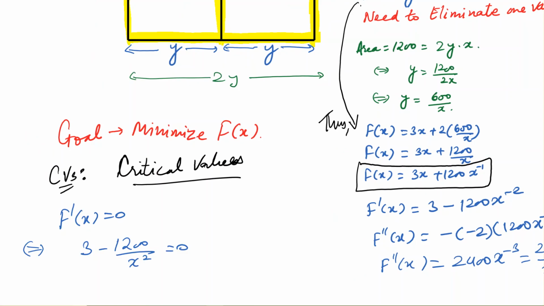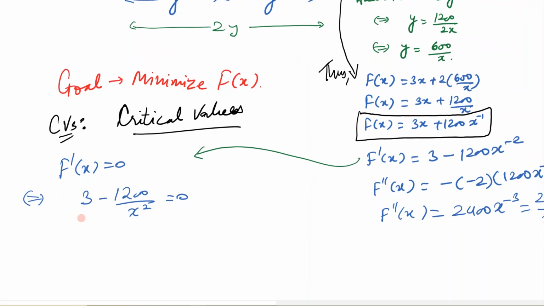In order to find our critical value, we set the first derivative equal to 0. So 3 minus 1200 over x squared equals 0. Let's solve this for x. We get 3 equals 1200 over x squared, or in other words, x squared is equal to 1200 over 3, which gives us 400.